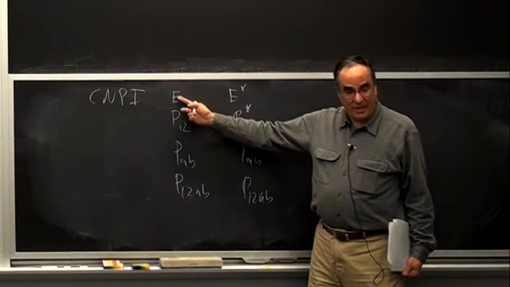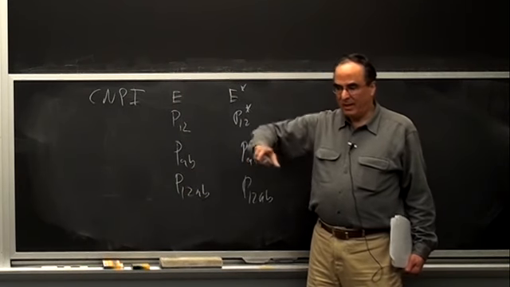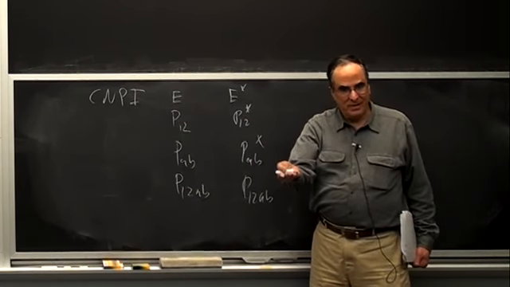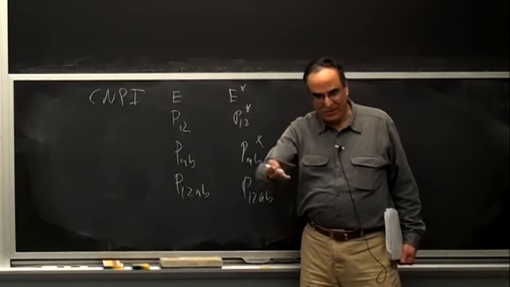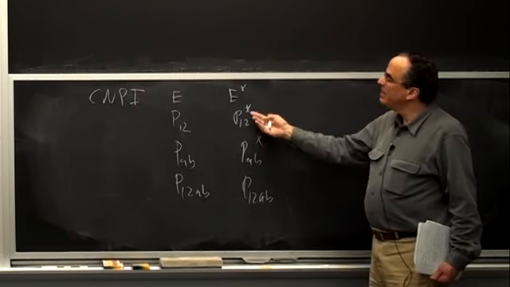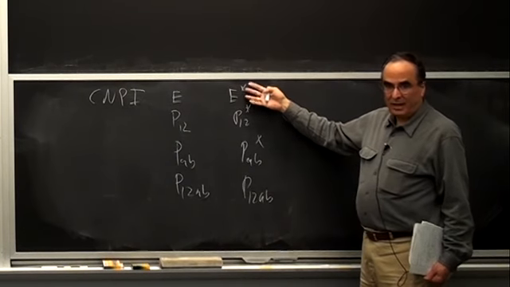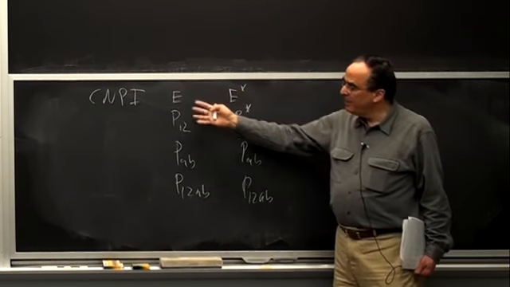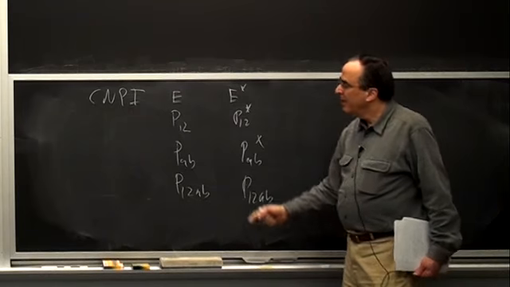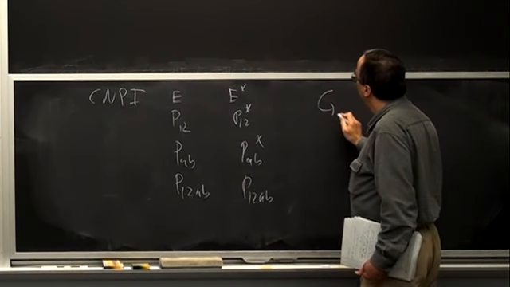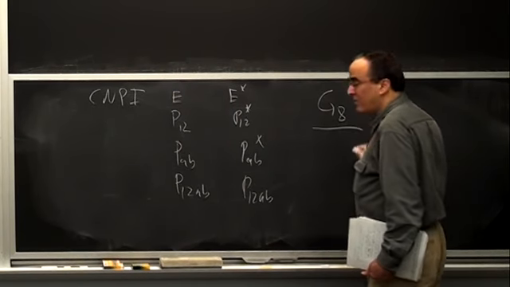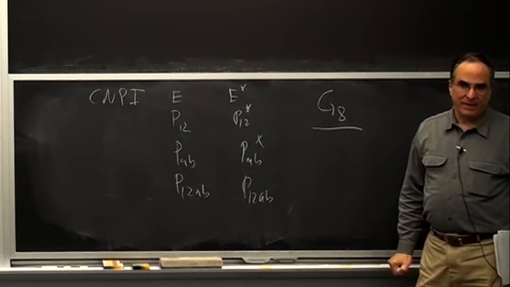So this is identity. This is end-over-end rotation, or it's equivalent to that. And these are the inversion times this operation. There are 8 of them. This group is called G8.